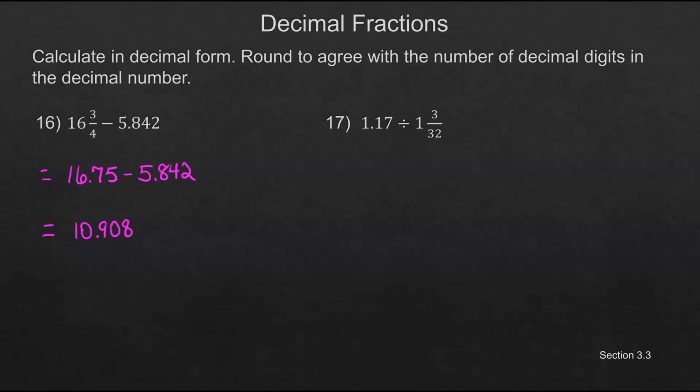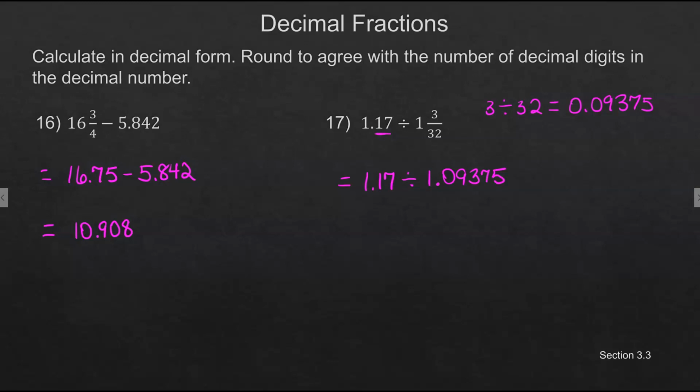On the second one, we're going to round to 2 places after, because that's how this decimal number is in the first place. So it's 1.17 divided by 1 point. If we take 3 divided by 32, we get 0.09375. So that's the part that's going to follow our decimal point.